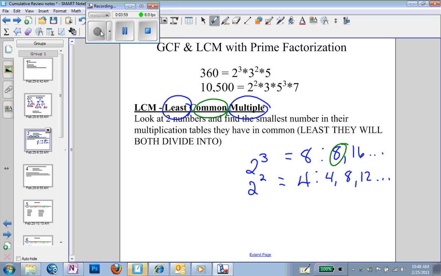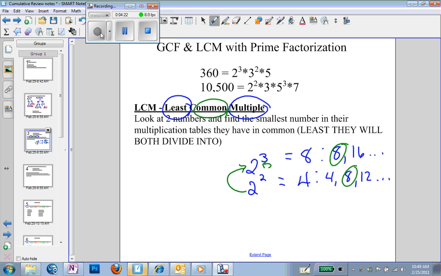So obviously, it's going to be 8. So between 2 cubed and 2 squared, 2 cubed would be the least common multiple because 2 squared will divide into 2 cubed, and 2 cubed will divide into itself.